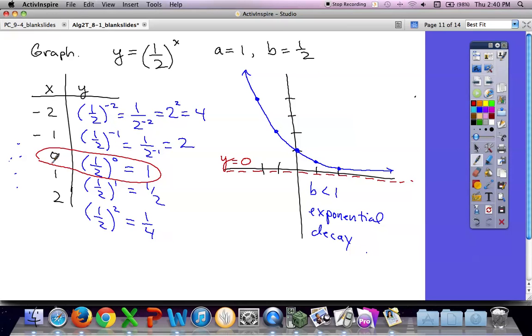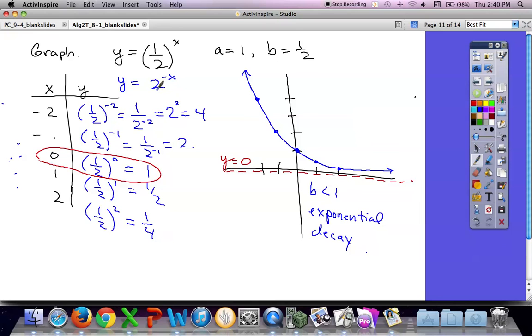There's another way to represent that, and that is this. Right? If I wrote this like y equals 2 to the negative x, that is also exponential decay. Because again, how do I simplify raising to a negative exponent? Flip it to the other side of the fraction, right?